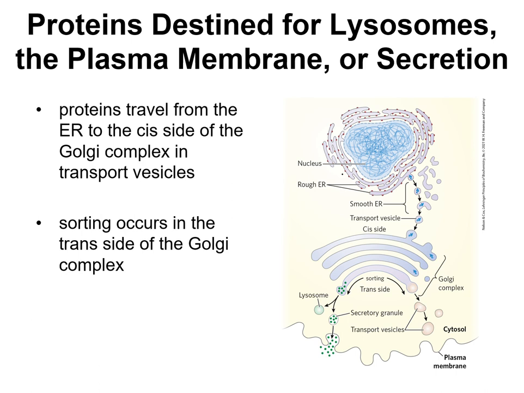And the ER has the rough ER, which has the ribosomes studded, what we were just talking about, where they're spitting out those polypeptides into the ER lumen. And then there's the smooth ER, which is used to create transport vesicles. And those vesicles end up merging with the cis side of the Golgi complex.